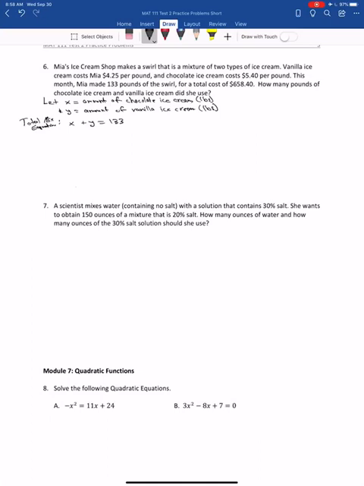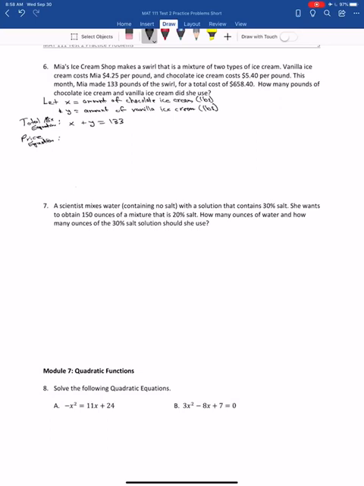We were also given the prices per pound for each ice cream and the total cost for the swirl that we make. So we can build a price equation. Let's build our price equation. I'll make a note here on the side. We had $4.25 per pound for the vanilla, $5.40 per pound for the chocolate.